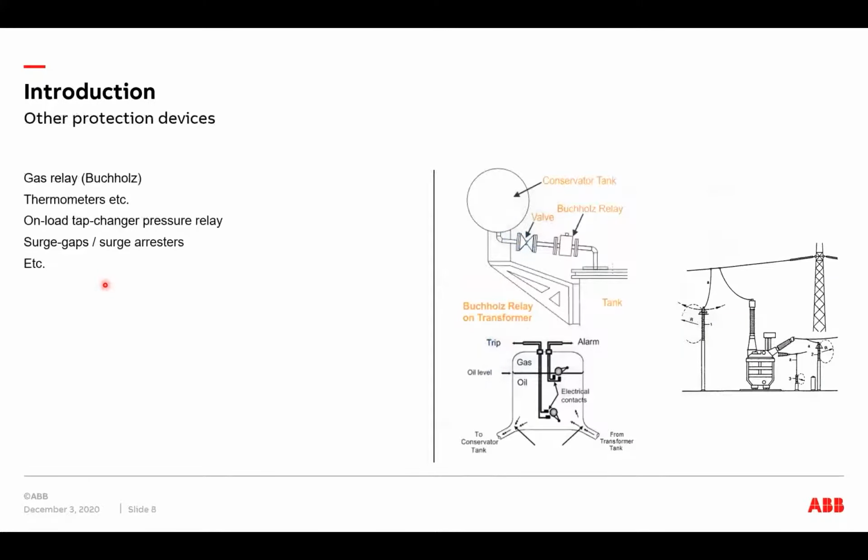In addition to protection relays, we also have other devices protecting our power transformer. So, for example, a gas relay, a Buchholz relay, which is located here between the main tank and the conservator tank.